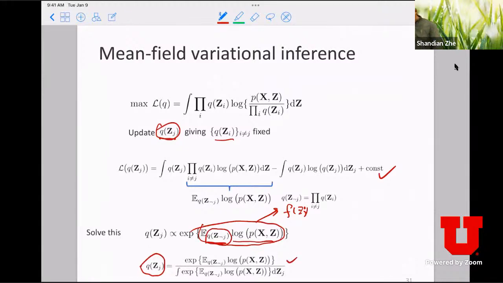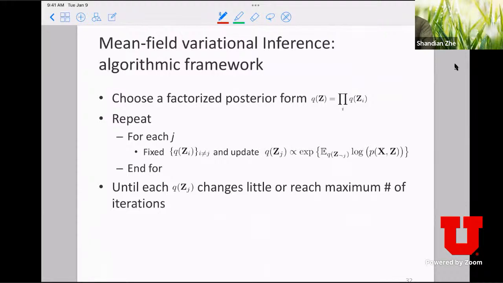And this is the whole mean field variational inference procedure. Inside each iteration, we cyclically go through each factor. For each factor g, we fix all the other factors and update Q of Zg according to this formula.